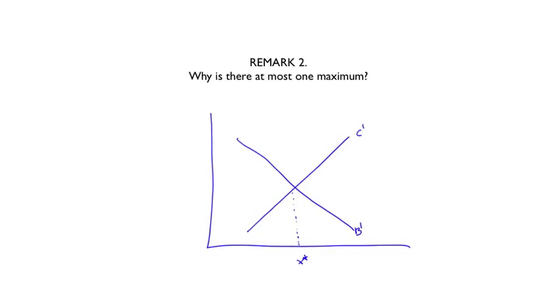Now, because of the concavity conditions, we know that to the right of this point, given that marginal cost was equal to marginal benefit here, marginal cost must exceed marginal benefit. That means that these curves can never bend back and cross again. And that means that x star must be the unique optimum necessarily.